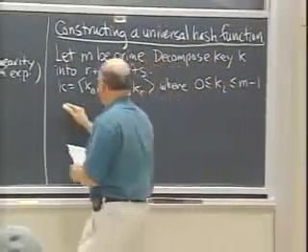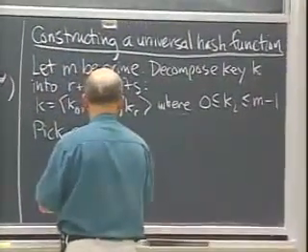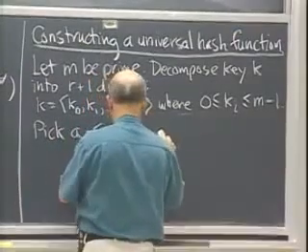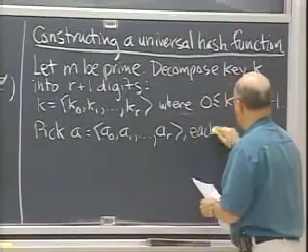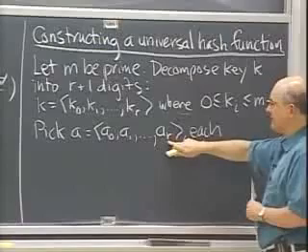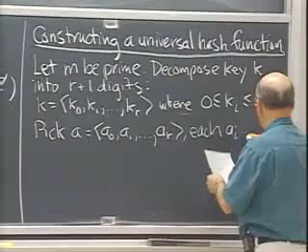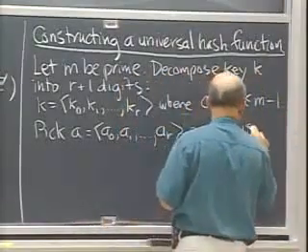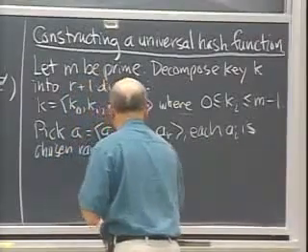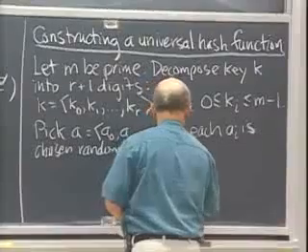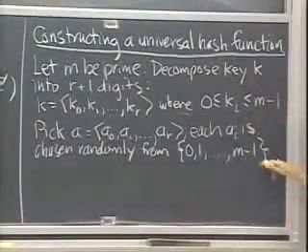The random number we're going to pick is an a at random, which we're also going to look at as a base m number, where each a_i is chosen randomly from zero to m minus 1.